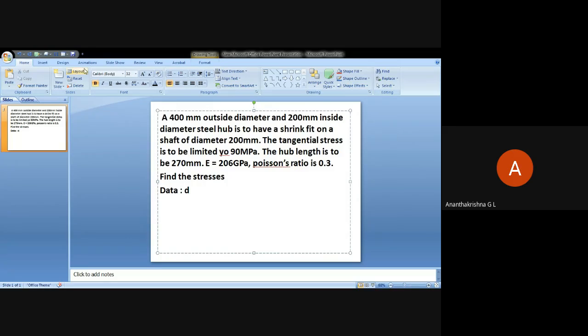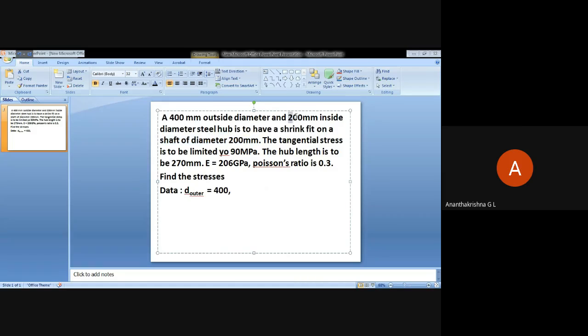D outer is how much? 400 mm. The hub with 200 mm inside diameter is to be shrink fit onto a shaft of diameter 200 mm.